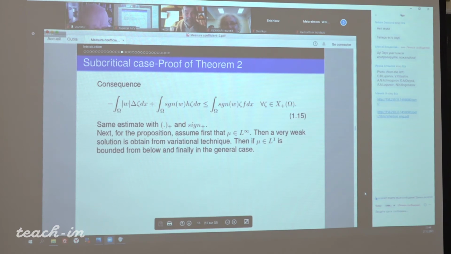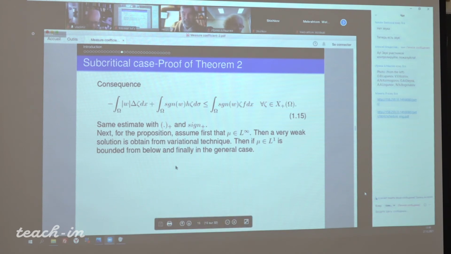A consequence of this is that you take now, instead of G, the absolute value, and you have the minus integral of the absolute value of W Laplacian of theta, plus the integral over omega of the sign of W h theta d sigma, is bounded from above by the integral of the sign of W theta F dx.